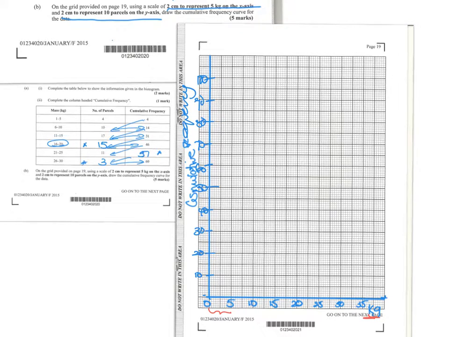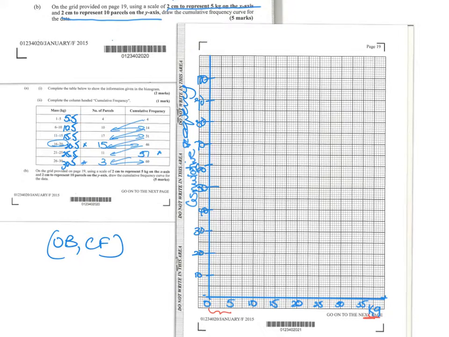Now to plot the cumulative frequency curve, we're going to look at the upper boundaries versus the cumulative frequency. So each point will be the upper boundary and the cumulative frequency. The upper boundaries are 5.5, 10.5, 15.5, 20.5, 25.5 and 30.5. So we look for 5.5, 4.